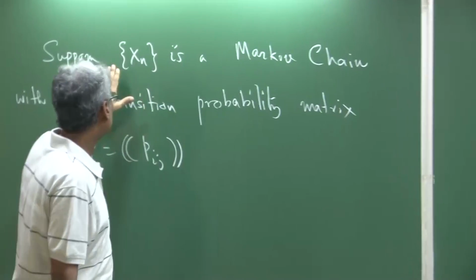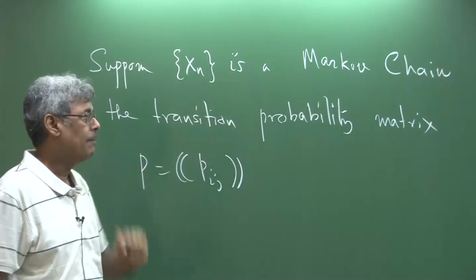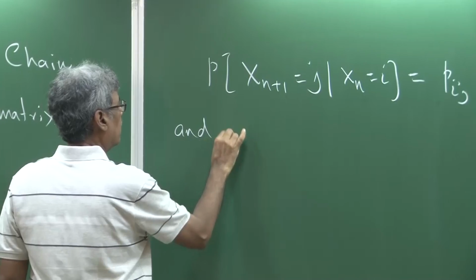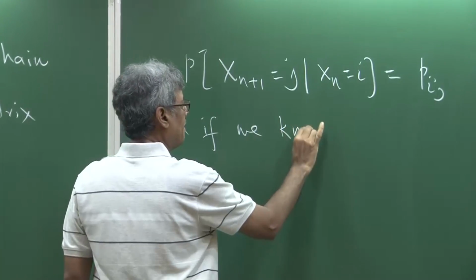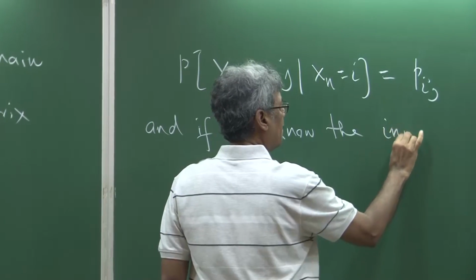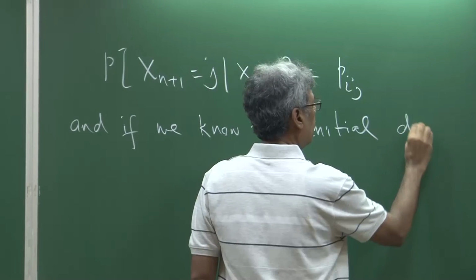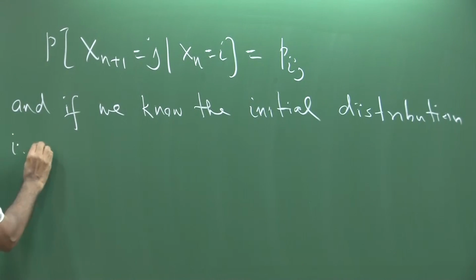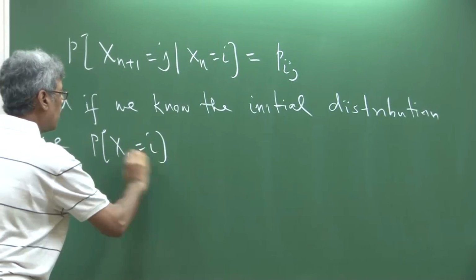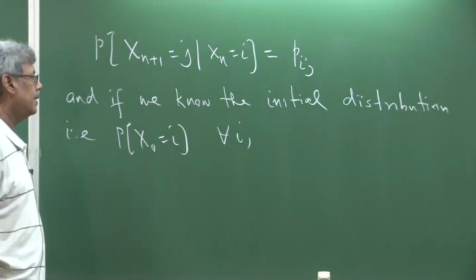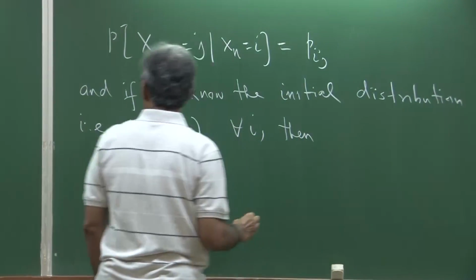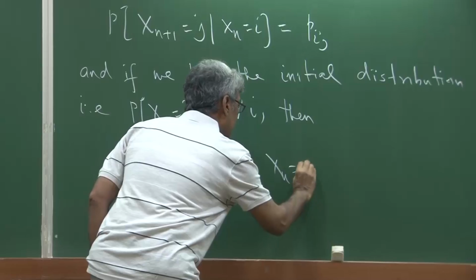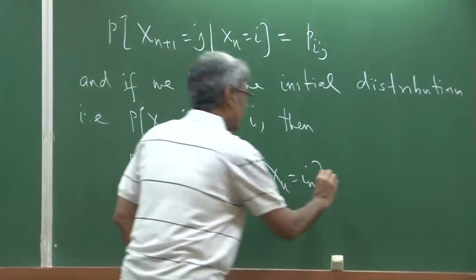And what we have seen last time: suppose X_n is a Markov chain with the transition probability matrix P, and if we know the initial distribution, that is probability X_0 = i for all i, then probability X_0 = i_0, ..., X_n = i_n can be easily computed.